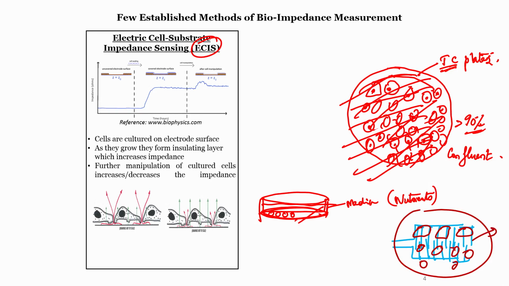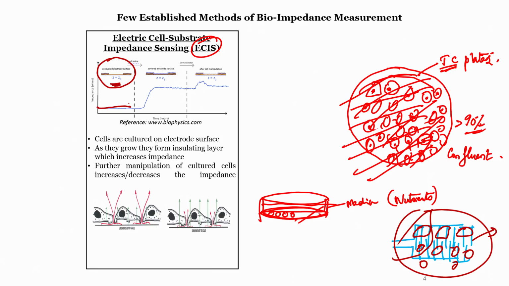Apart from that, we can also manipulate the cultured cells. Let us say we scrape out some cells from here for subculturing, then the impedance will drop. And more than that, you can see here, this is an electrode that is uncovered with cells, there are no cells, and the impedance has one baseline value, which is this.